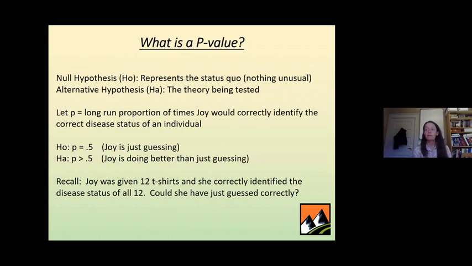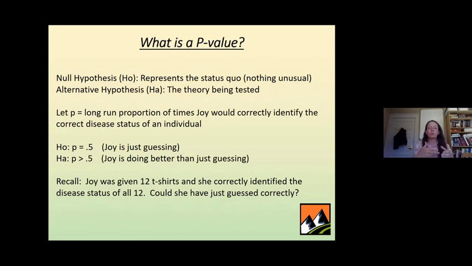So for Joy's case, let's say that we're interested in learning, if we tested her infinitely many times with these T-shirts, what's the proportion of times she would correctly identify a T-shirt as being either Parkinson's or not.